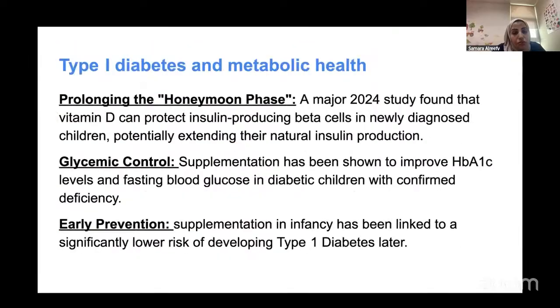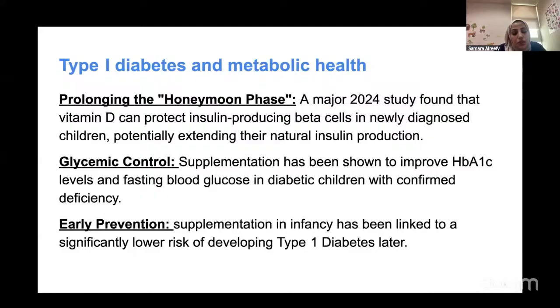So in type 1 diabetes, vitamin D has a role in prolonging the honeymoon phase. So it can protect insulin-producing beta cells in a newly diagnosed diabetic and potentially extend their natural insulin production.